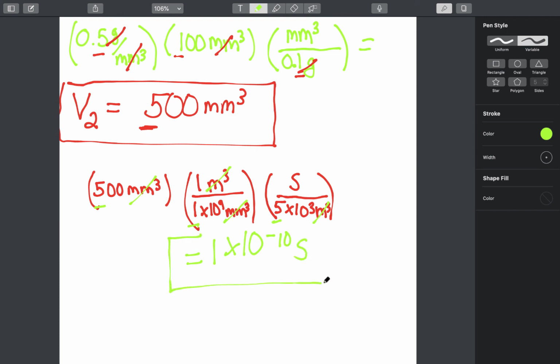So it is fast. So it fills this entire container in 1 times 10 to the negative 10 seconds. And recall that this only has 1 sig fig.